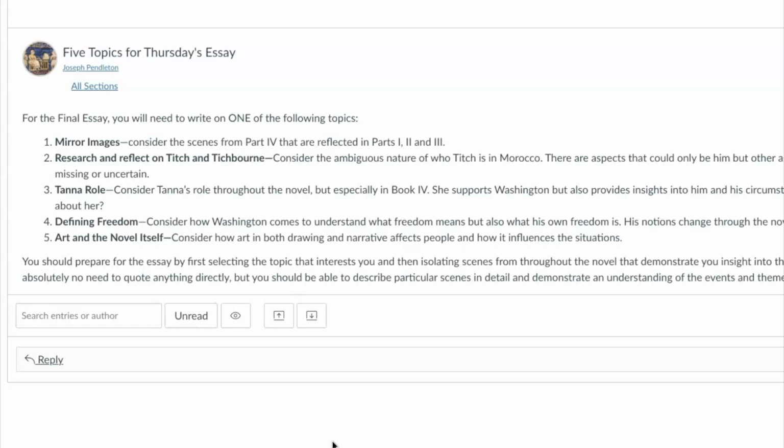Her freedom would have been the ability to say no, and that stuck with Washington. But by the time he gets to Virginia, where he does have that naive notion about what freedom is, at least how he would experience it, okay? And I want to be clear that Kit's notion of it is perfectly reasonable for somebody, again, who had been taken from her country and enslaved. That would be freedom to her.